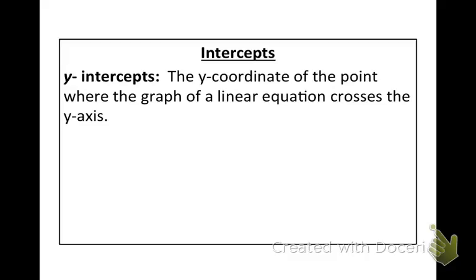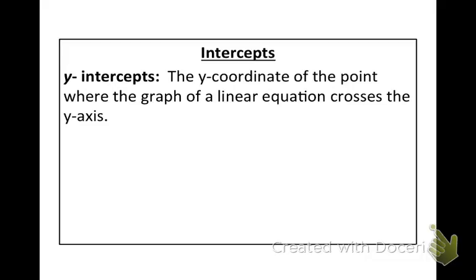Remember, you have intercepts of a graph. We're going to be talking about both the y- and the x-intercept. So remember that the y-intercept is going to be the y-coordinate. A coordinate is a number.